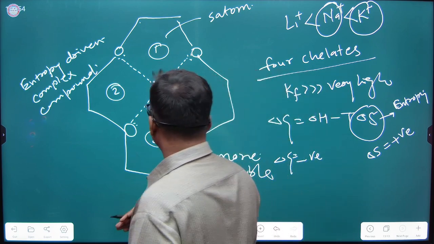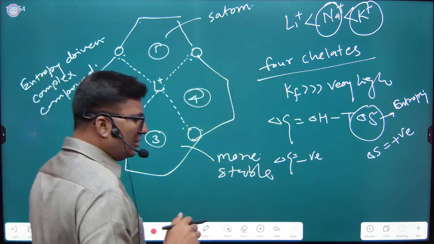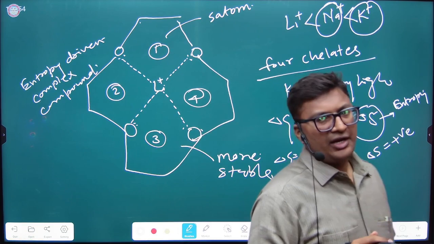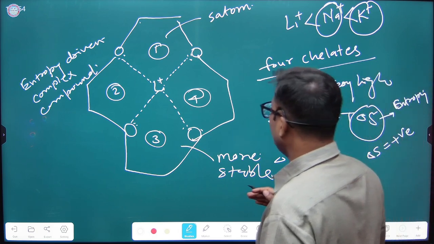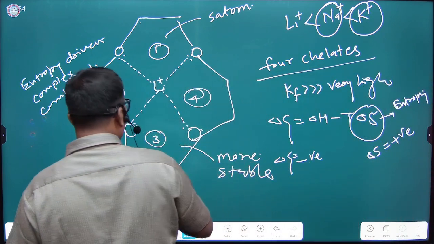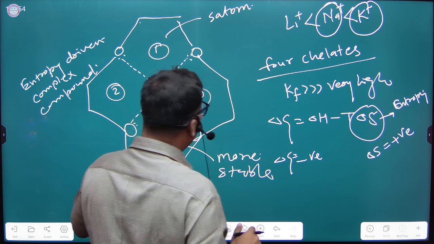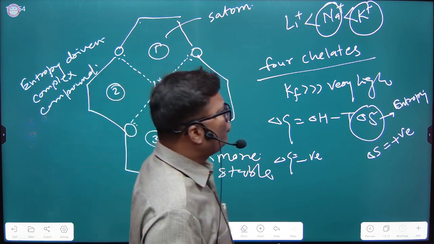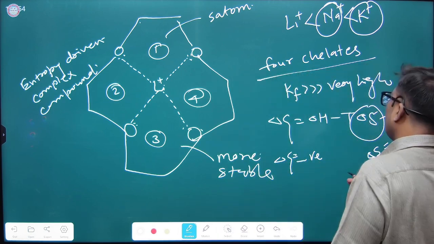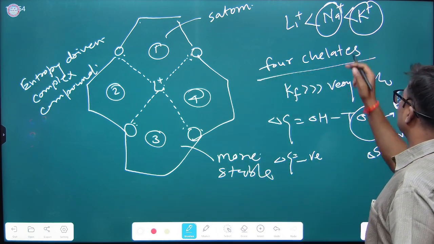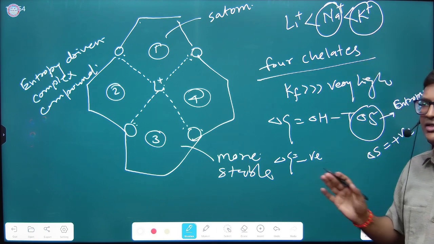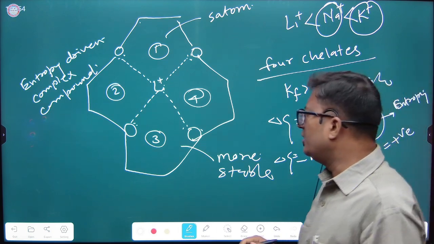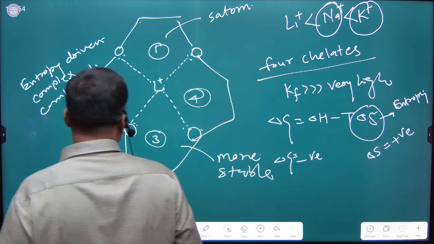So another macrocyclic ligand which has a cavity size larger than that of this 12 crown 4 will be required to form a sodium plus crown ether complex or potassium plus crown ether complex. So depending on the size of the ring, right?